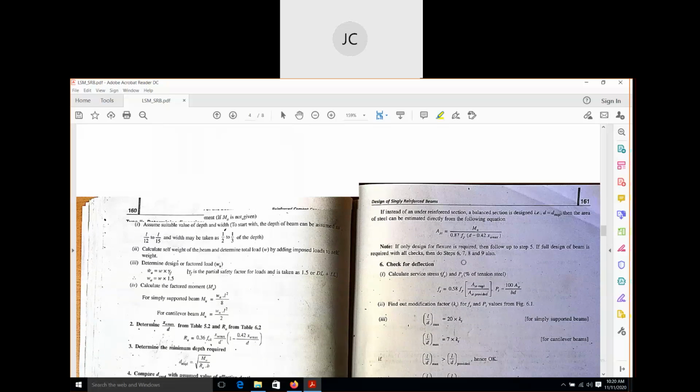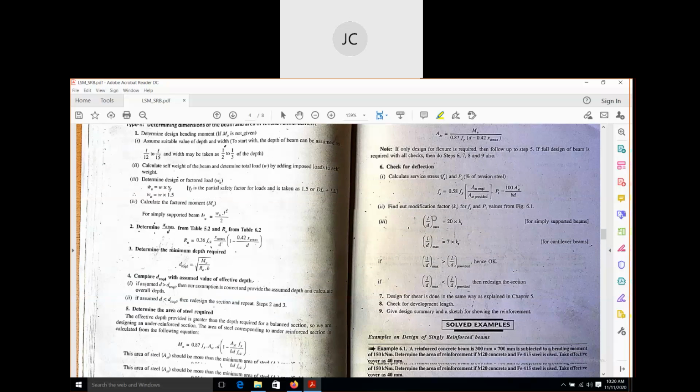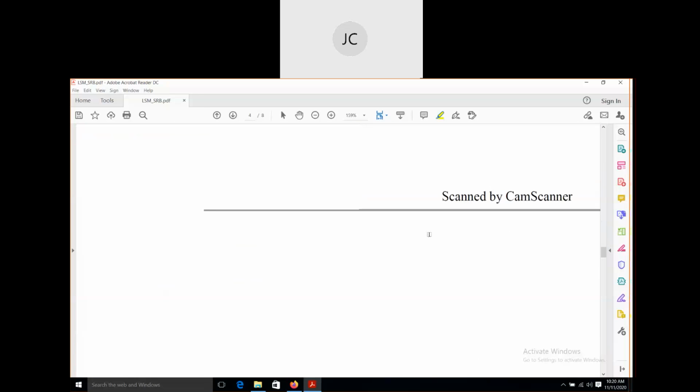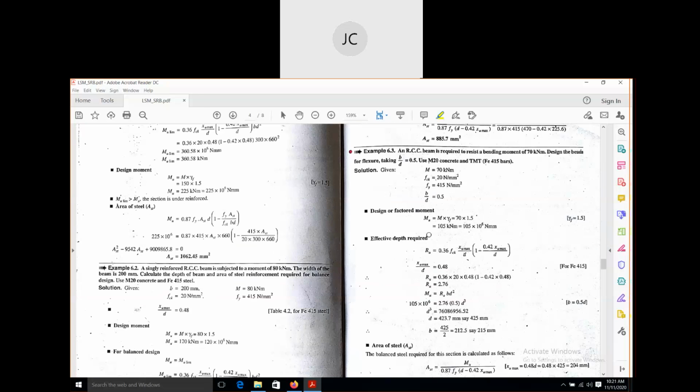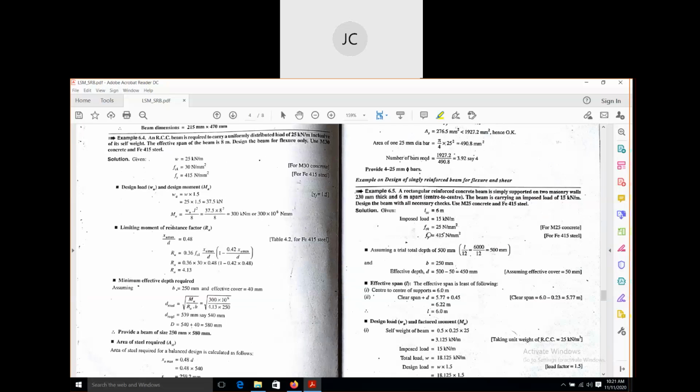Now, in the last class I also showed you one problem where we calculated the deflection, how to check for deflection and how to find the shear reinforcement. I will show you again here because this step is very important in every problem, as you might be asked for it.